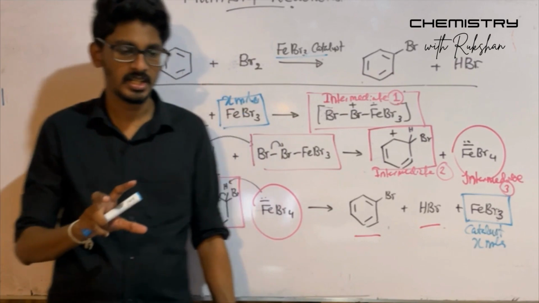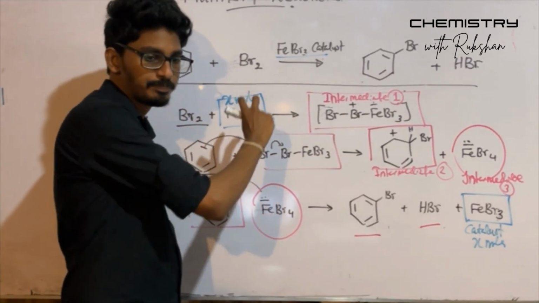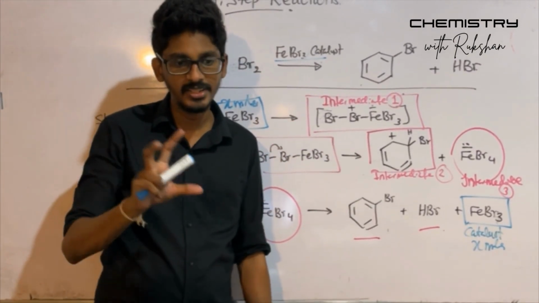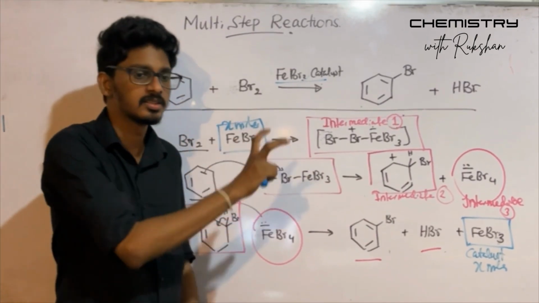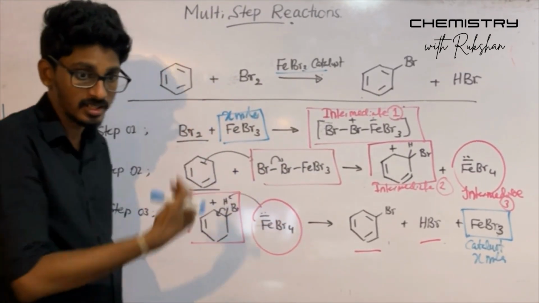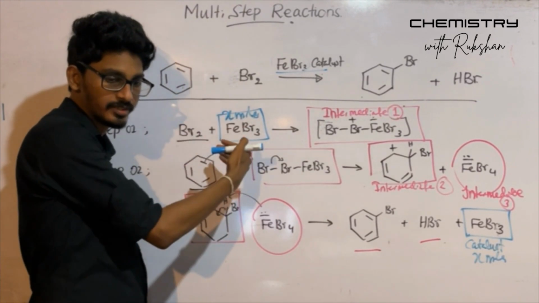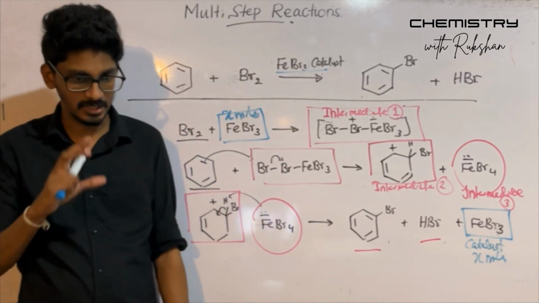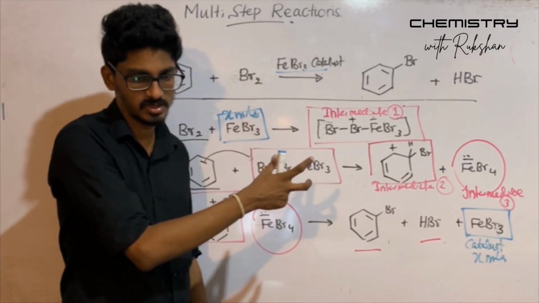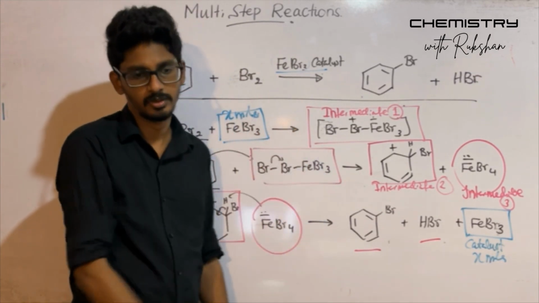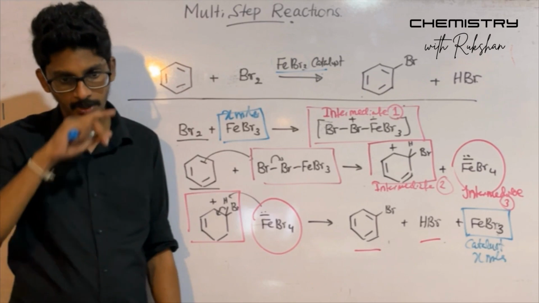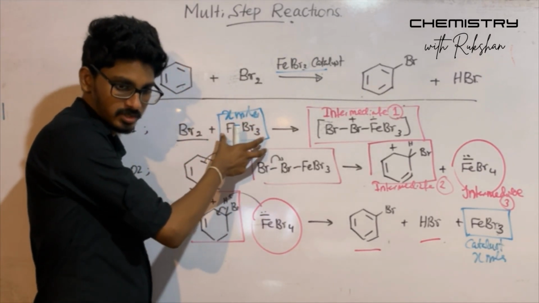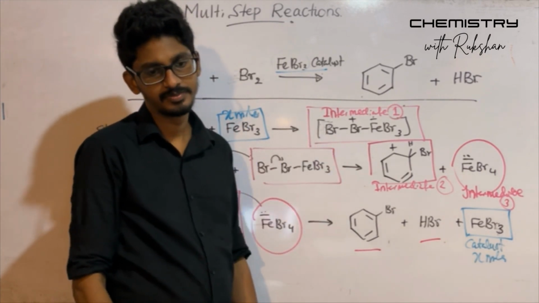How to differentiate? Intermediates are the ones which are produced first and then totally consumed. But catalysts are consumed first and then the same amount is regenerated. So for intermediates, they are produced, then the same amount is consumed. For a catalyst, the consumption happens first, then the same amount regenerates.